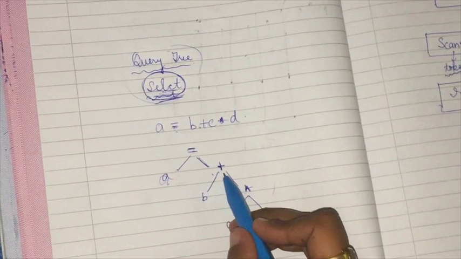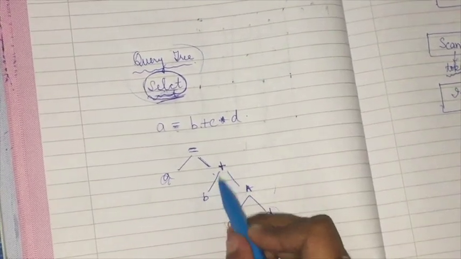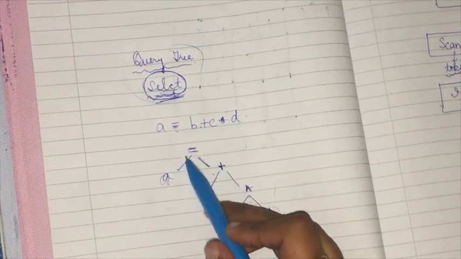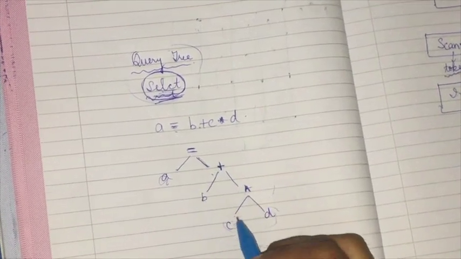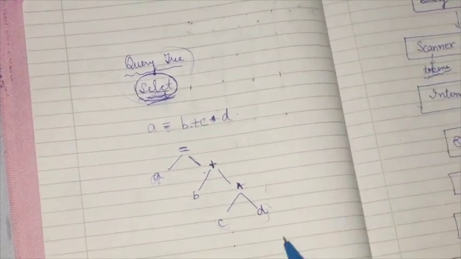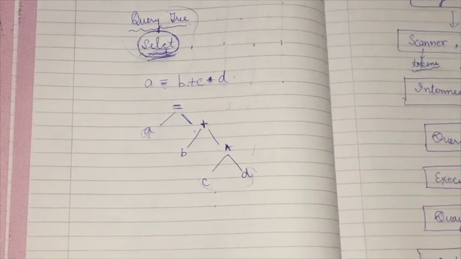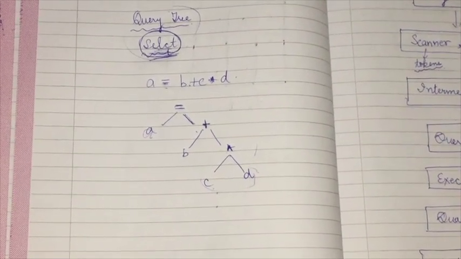The multiplication of C and D has to be added to B, and then that has to be assigned to A. You don't need to go into this in detail. It's just that the scanner forms a query tree of our given query, and it finds out all the tokens and which are correct and which are not, and the tokens that are not correct are stored separately.